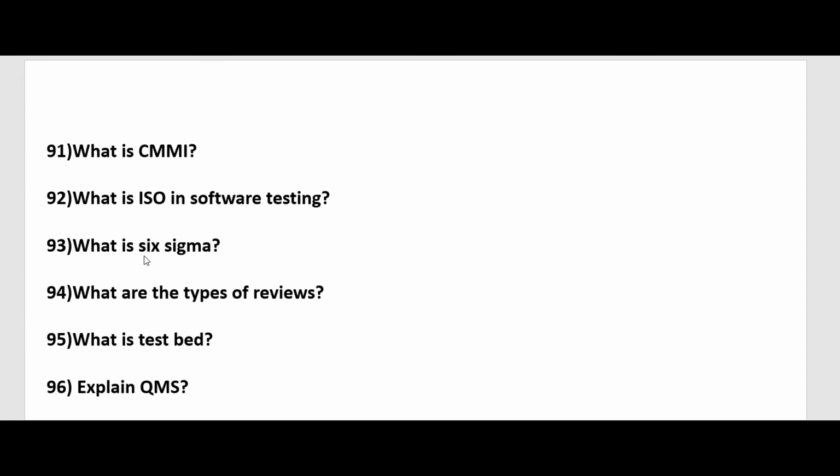What is Six Sigma? Six Sigma is a set of techniques and tools for process improvement. Six Sigma seeks to improve the quality of the output of a process by identifying and removing the causes of defects. It uses a set of quality management methods and creates a special infrastructure of people within the organization who are experts in these methods.